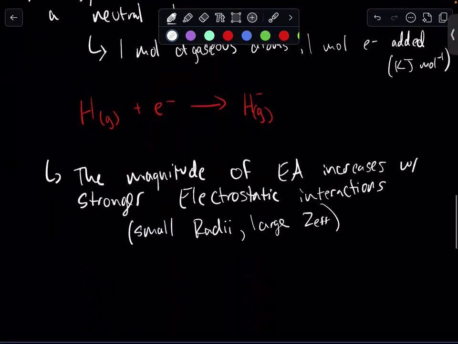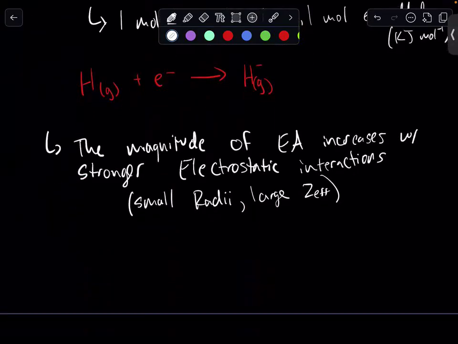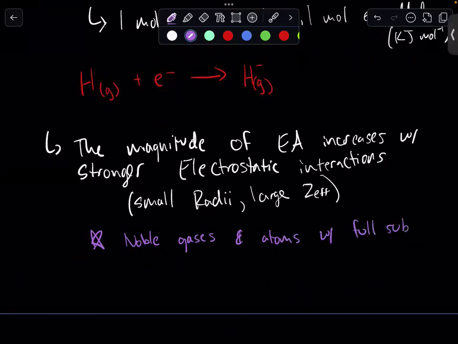There's a couple exceptions with electron affinity, however, so we're going to make those exceptions right here. Generally, noble gases and atoms with full sublevels. So an example might be magnesium, whose full sublevel is, sorry, not 1s, it's 3s2.